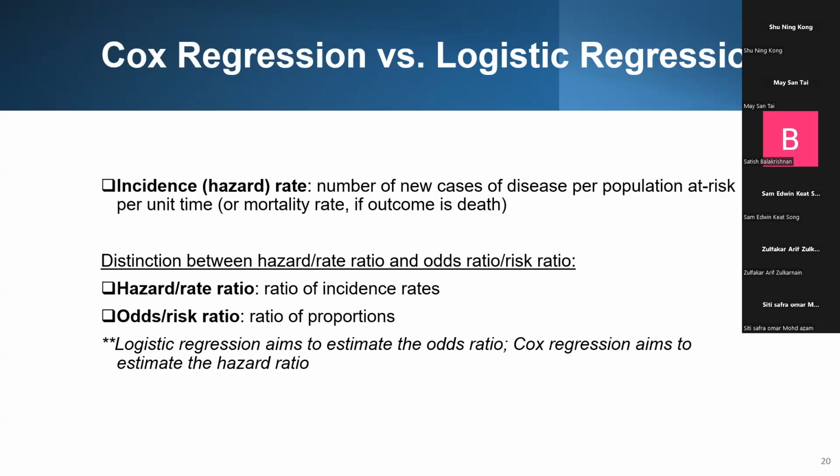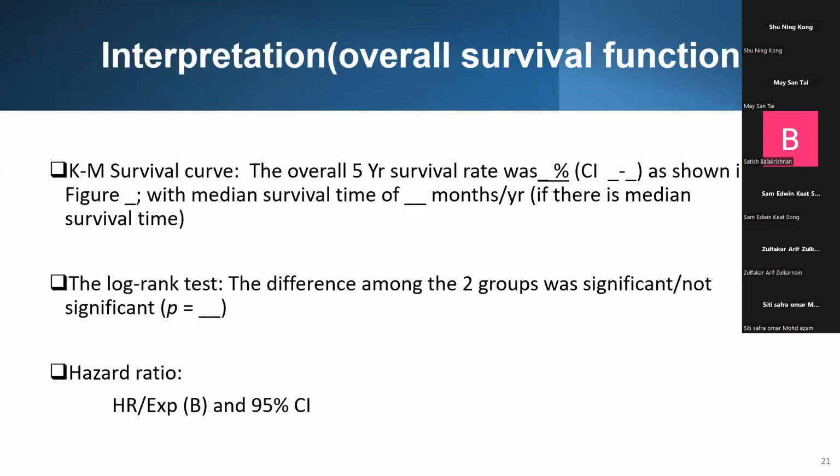So you can see here, logistic regression is just aimed to look for odds ratio, the difference between two events.